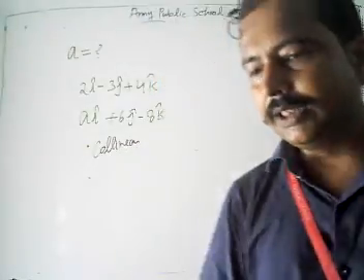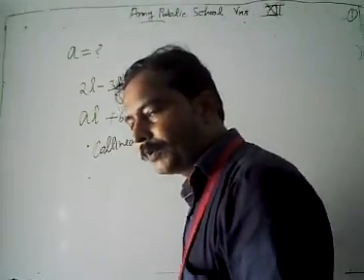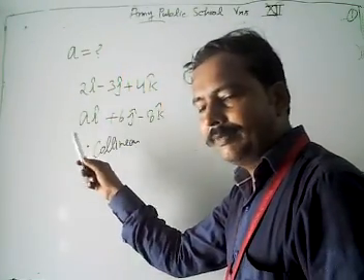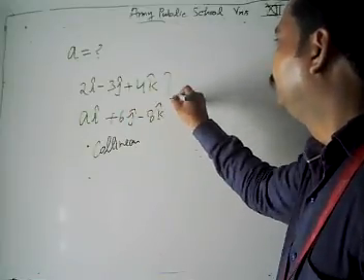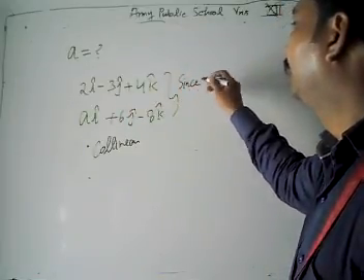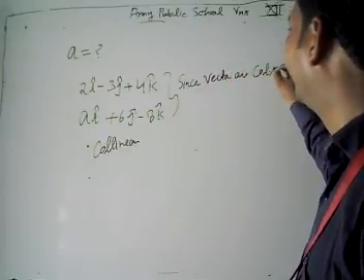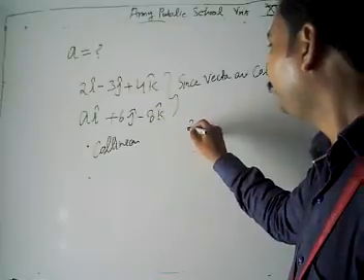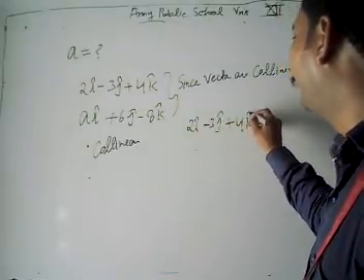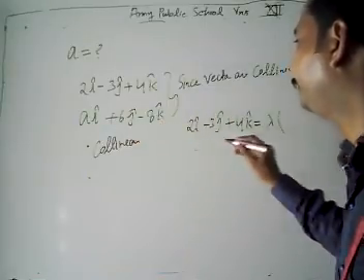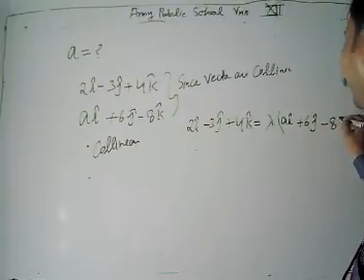Now look, if these vectors are collinear, then what is the relationship between them? I already explained in the previous problems: this is equal to lambda times this. Since the vectors are collinear, 2i cap minus 3j cap plus 4k cap is equal to lambda times a i cap plus 6j cap minus 8k cap.